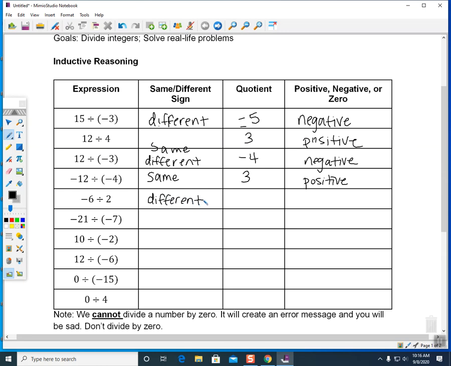That's going to give me a negative 3. My answer is negative. Negative 21 divided by negative 7, same sign. It gives me a 3. My answer is positive.